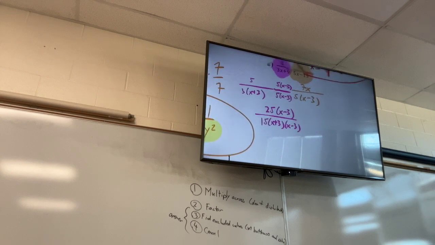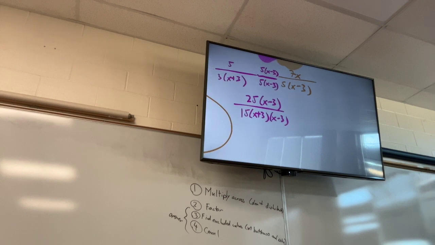Okay? And on that same note, you guys should be able to tell me, what is my orange denominator missing that my pink one has? So it's missing a 3, right? What else is it missing? An x plus 3, yeah? So I have to multiply the top and bottom by 3 and by x plus 3.